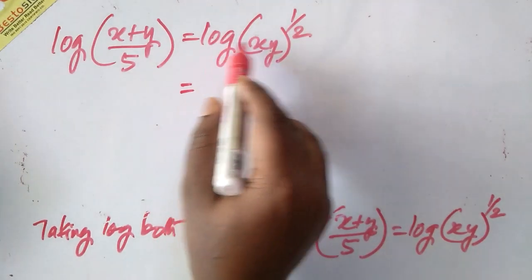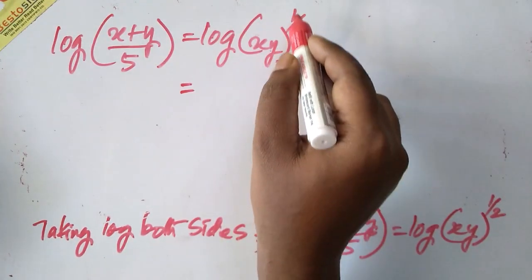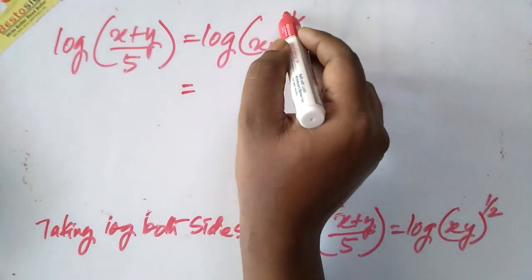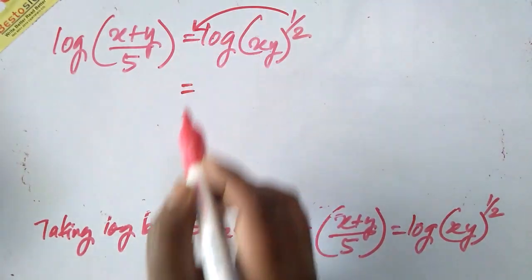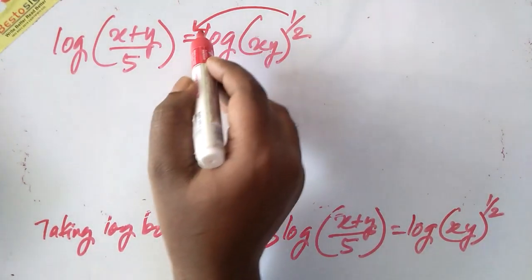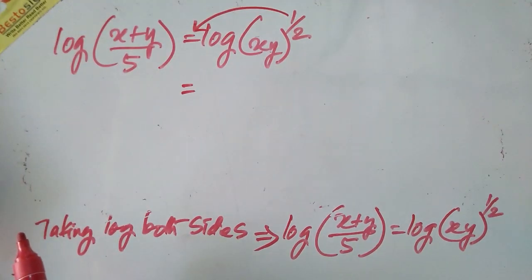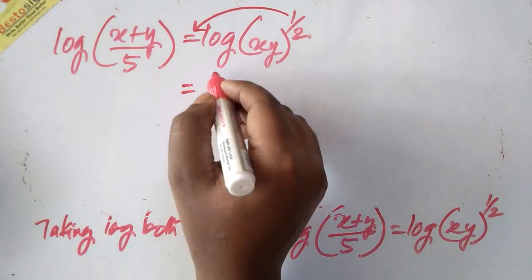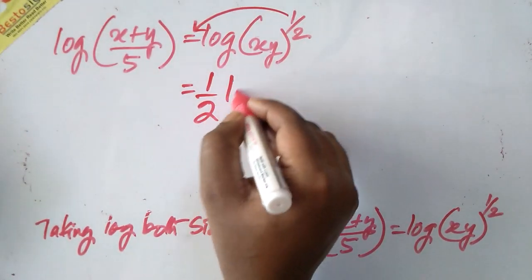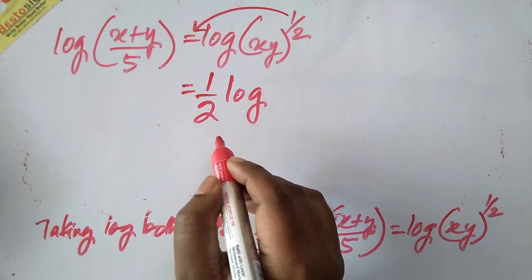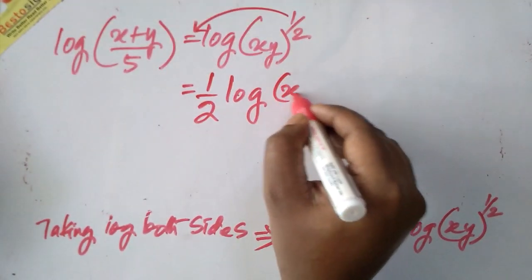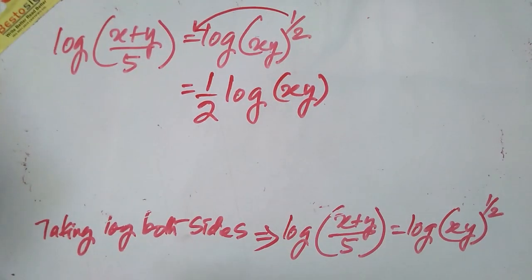Okay, now we can write this because half or 1 by 2 is the exponent. I have told you that using that fundamental law of logarithm, we can write it before the log. So we will write it as half log x into y, right?